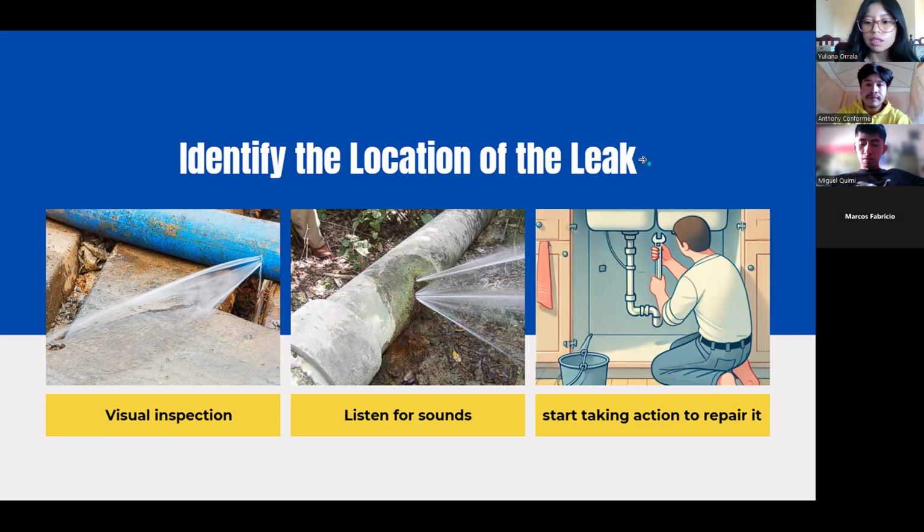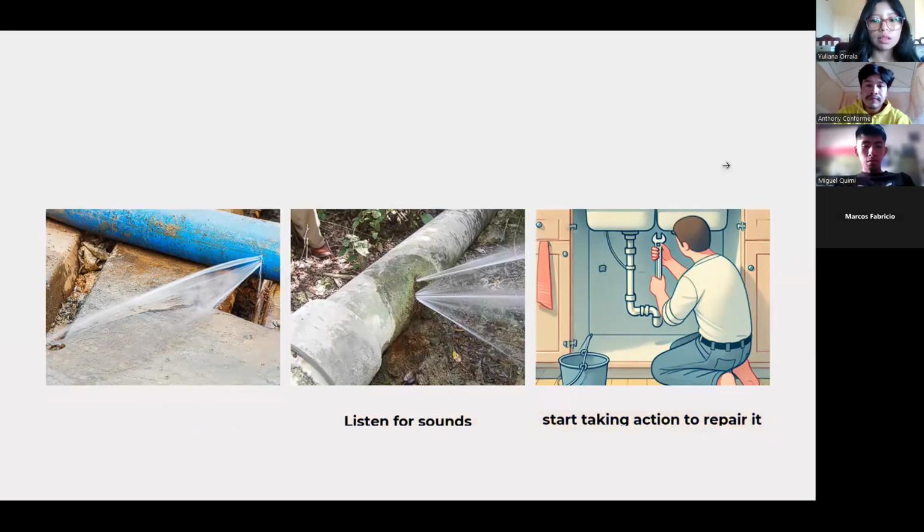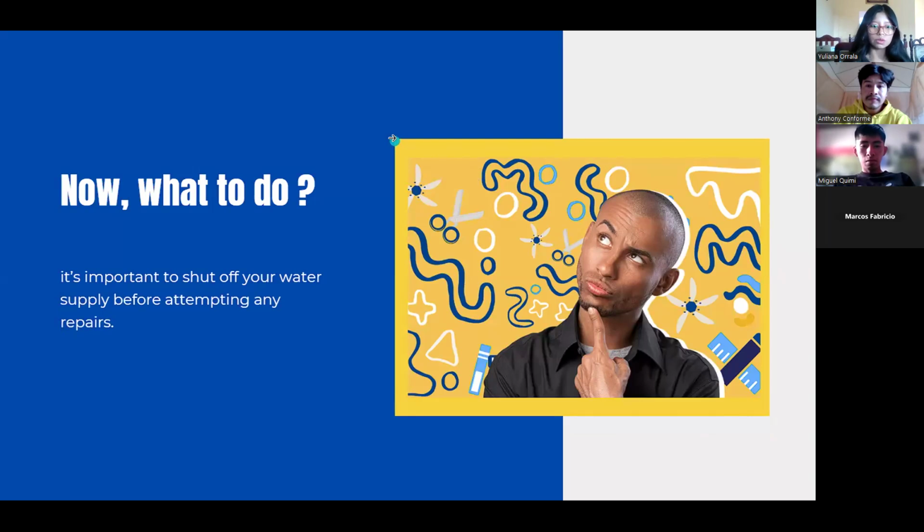And finally, start taking action to repair. When you find the problem, you can use the correct implement to fix it. Okay, now what to do after you find the problem?